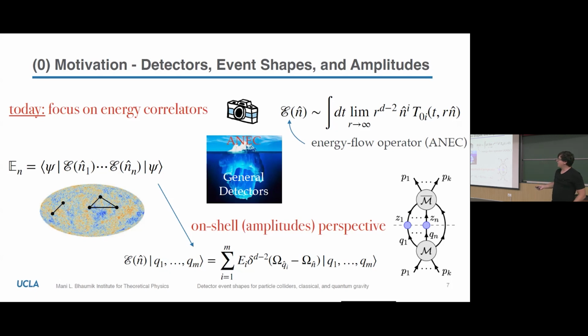One is the CFT-type framework, where you really view them as correlation functions. But here we are at the Amplitudes conference, so there's a complementary point of view: in cases where you have asymptotic single-particle states, you can insert a complete set of states in the asymptotic future and relate them to differential cross sections.